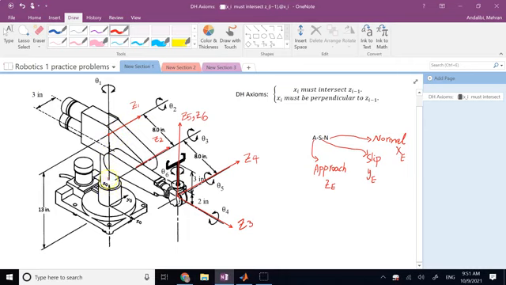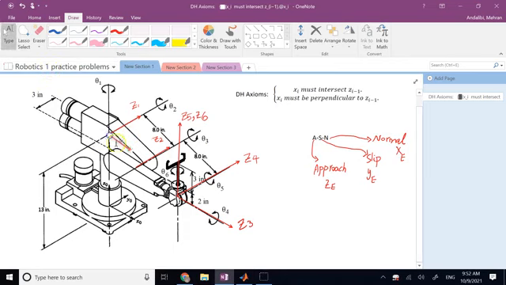And x1 has to be perpendicular to z0, and naturally it has to be perpendicular to z1. So the only solution for it is something like x0, right, which is perpendicular to the direction of z0 and z1. So I am going to select a direction similar to x0 for x1.